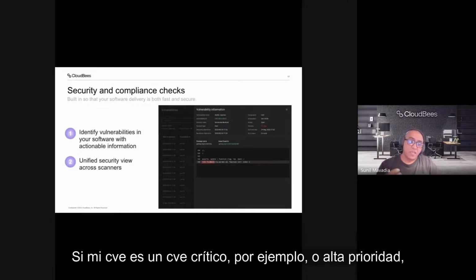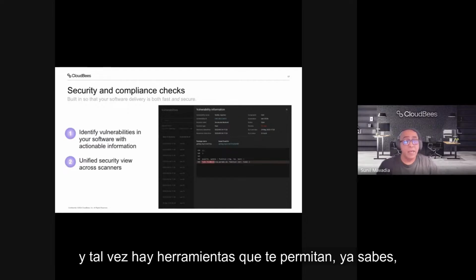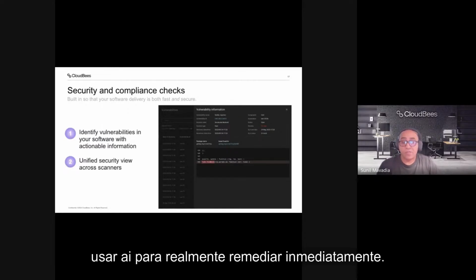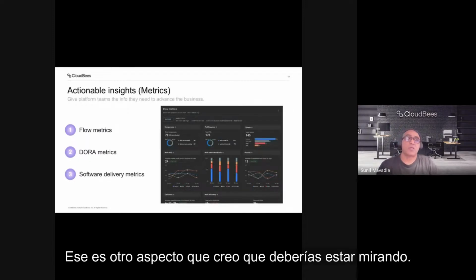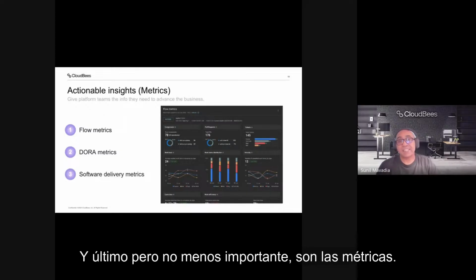If my CVE is a critical CVE, for example, or a high priority, and maybe there are tools out there that use AI to actually remediate immediately, that's another aspect that I think you should be looking at.